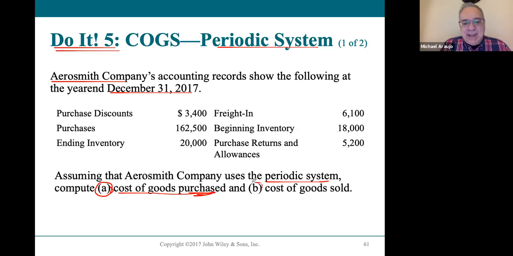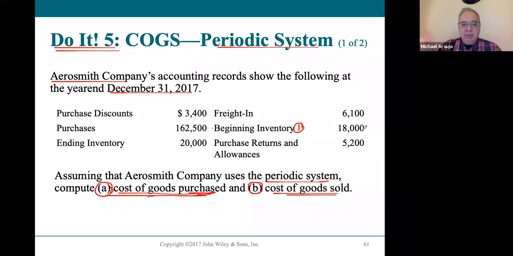And then B, they want to know at the very end of all of this, what was the cost of goods sold? So you're still going to put together a statement like you saw on the previous slide, but the answers are going to emphasize two points in that statement. First of all, everything starts with beginning inventory, right? Step 1 is to put the beginning inventory there.